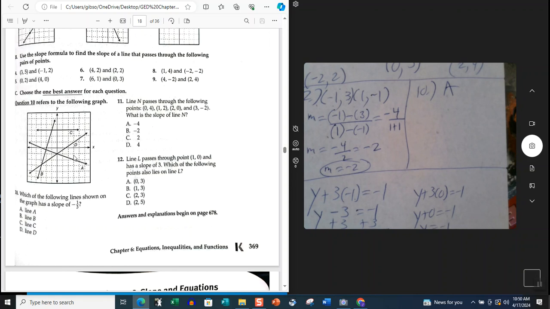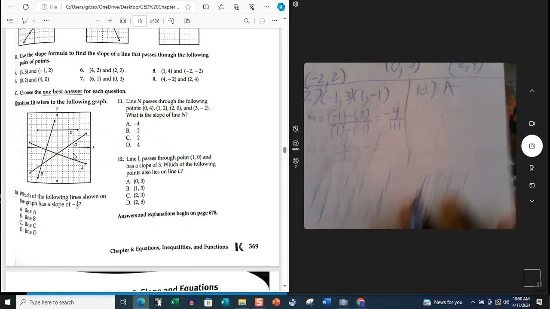So you could rise, this will rise you up 1. And then you could run, you have to go 1, 2, 3 until you get to the next point. So with A, to go up to the line where the other point is, you'll go from this point here, you'll go up 1.